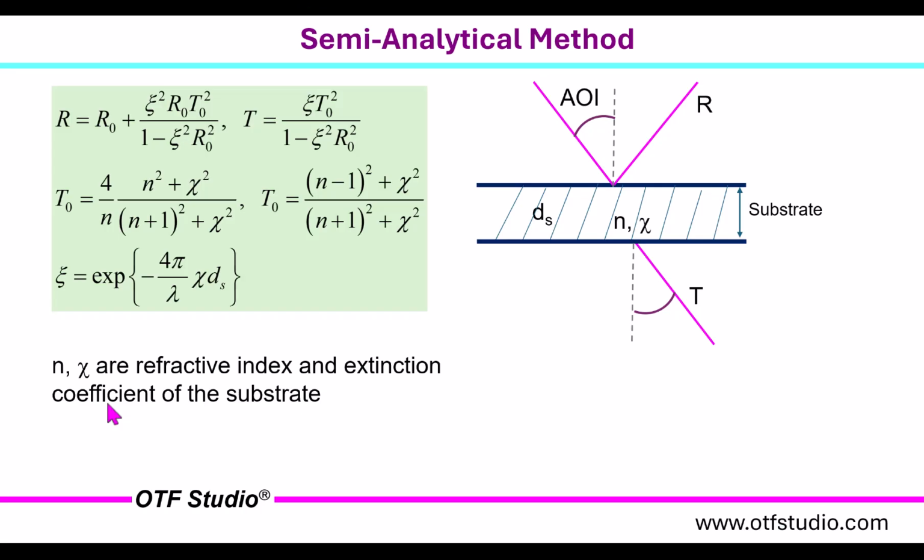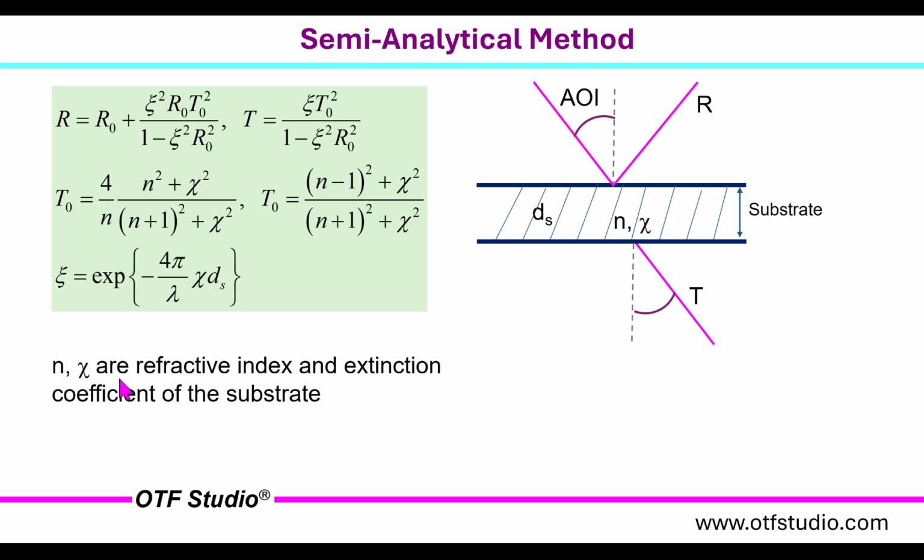But what is the process behind making this method so effective? The numerical characterization was performed using a semi-analytical method based on explicit formulas, allowing us to determine the refractive index and extinction coefficient at all wavelength points of the measurement wavelength grid.